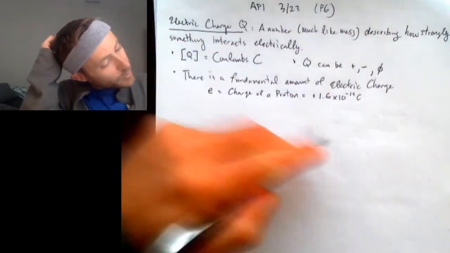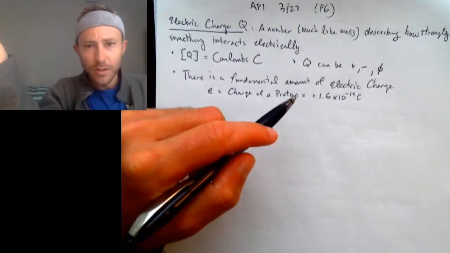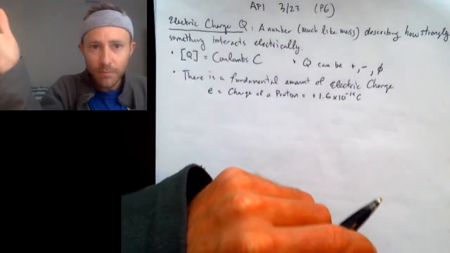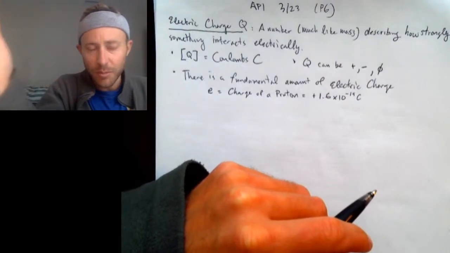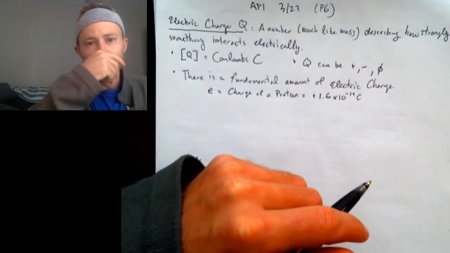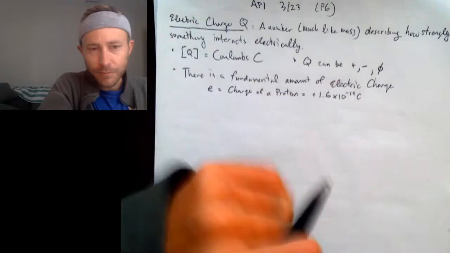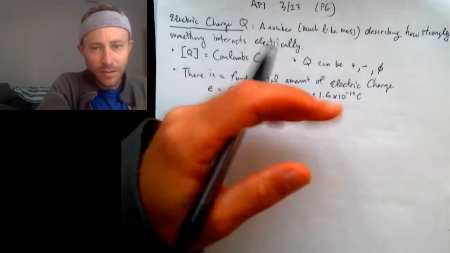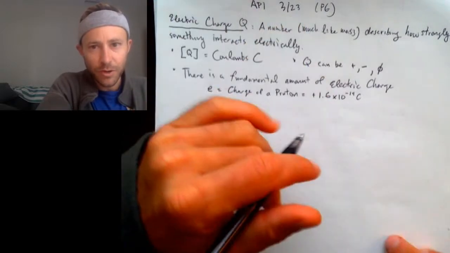Usually when we're writing numbers, if I write 4, I don't need to write plus 4. It's assumed that it's positive unless I put a negative sign in front of it, right? But with electric charge, the convention is you always put the sign of the charge in front.